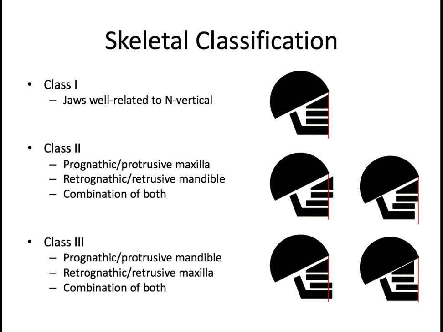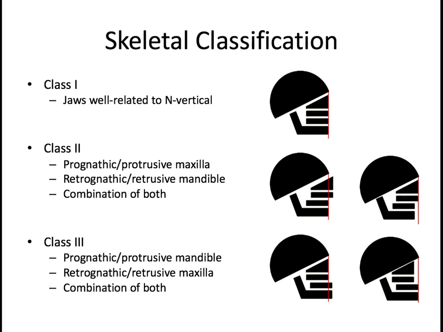Whereas dental classification has to do with the anteroposterior relationship of upper teeth to lower teeth, usually first molars, skeletal classification has to do with the anteroposterior relationship of the upper jaw to the lower jaw.